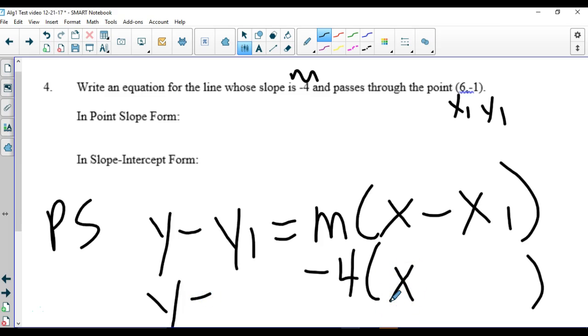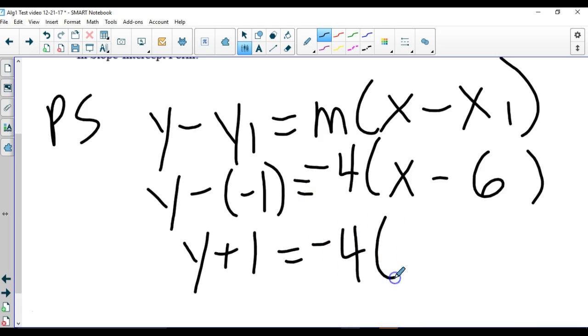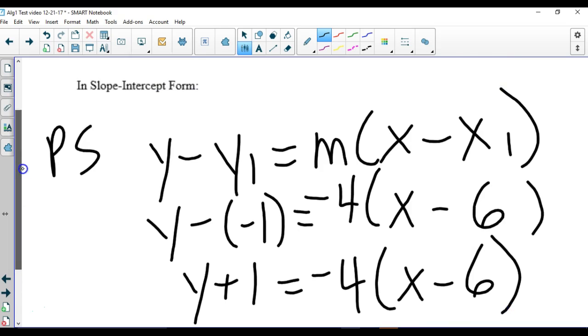My y1 is -1, so this is going to be y minus -1. I have my x minus, my x1 is going to be 6. Okay? The only change we're going to make, and we talked about this, when you have two negatives, they turn into positive. So this is y plus 1 equals, and I'm sorry, I forgot the equal sign up here, -4 parentheses x minus 6. So this is my answer for point slope form.